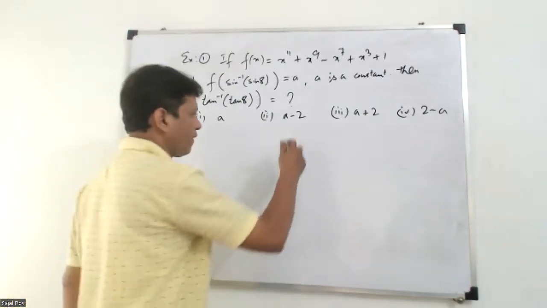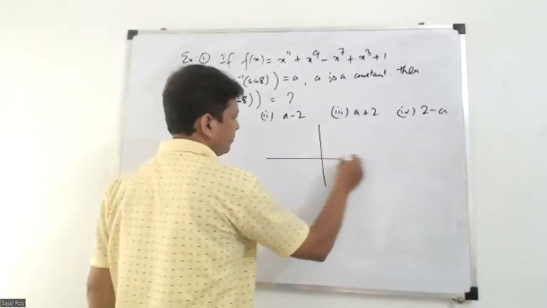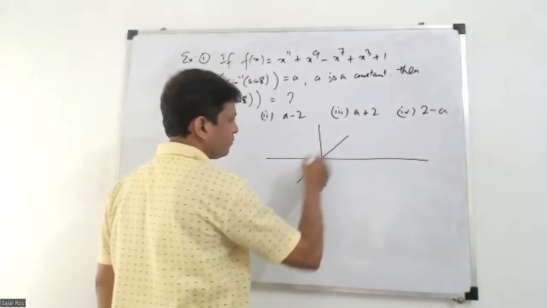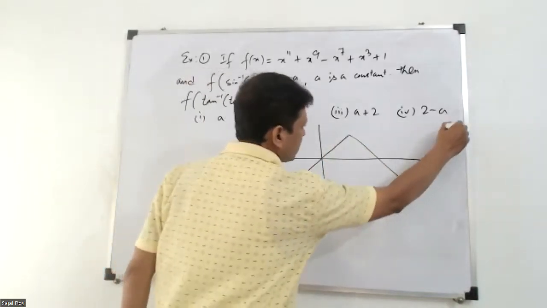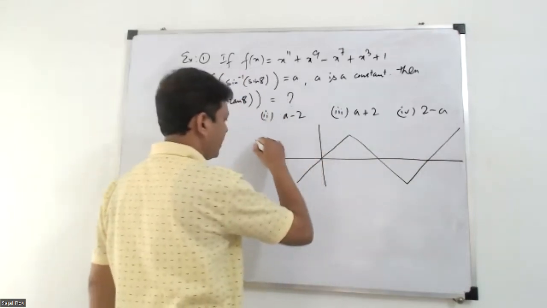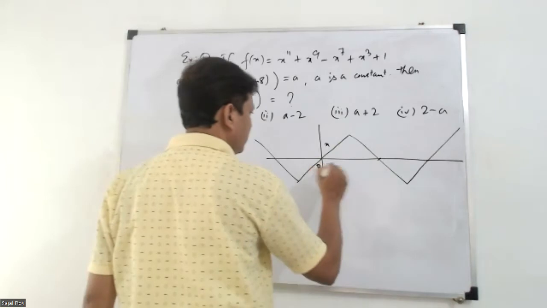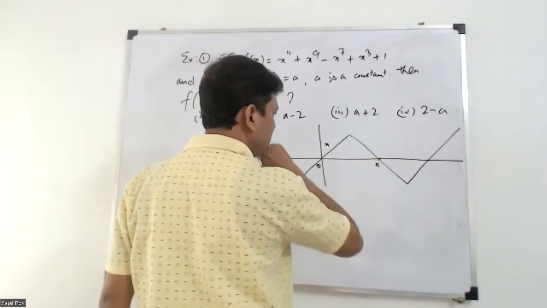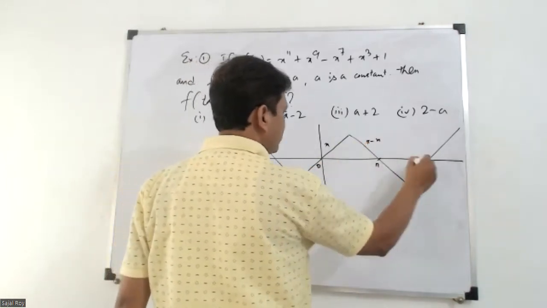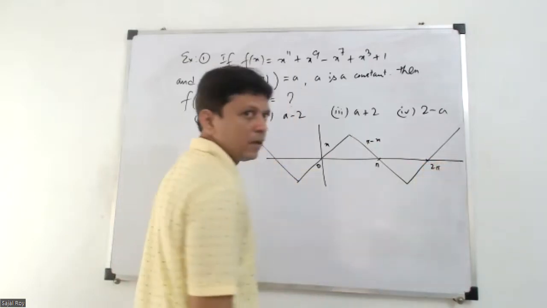Do you remember? Like this, right? So this is your x, this is your pi, this is your pi minus x, right? This is your 2 pi.